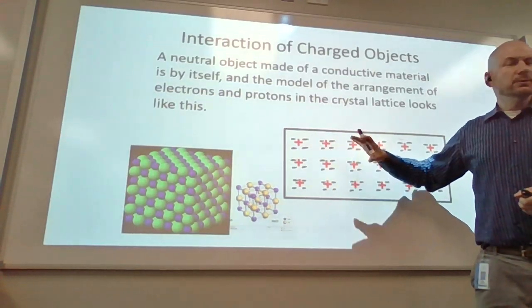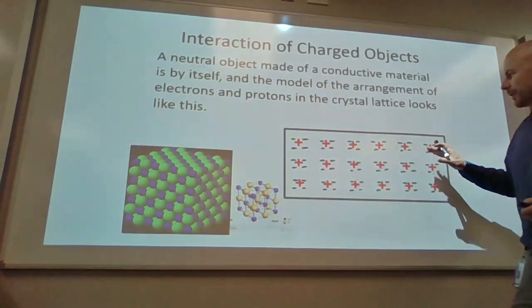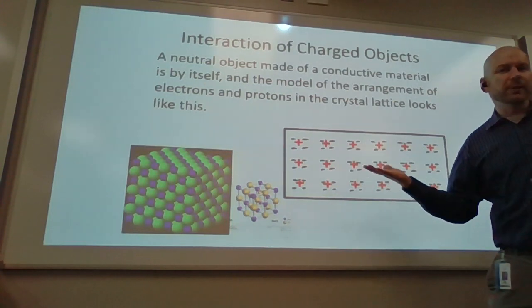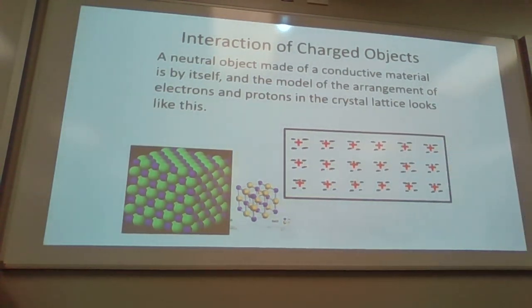We're going to say that this material, this block of something that you can hold in your hand, is neutrally charged. Okay, so you got a neutrally charged bar of something. Good with that?